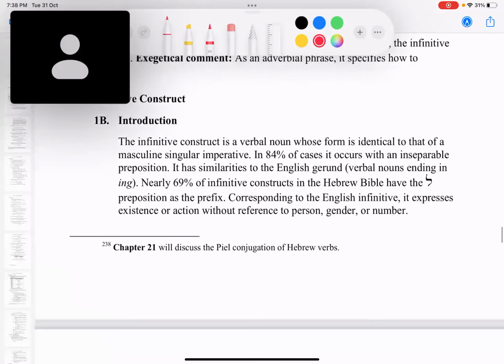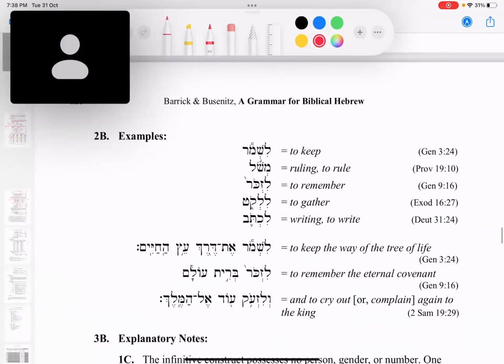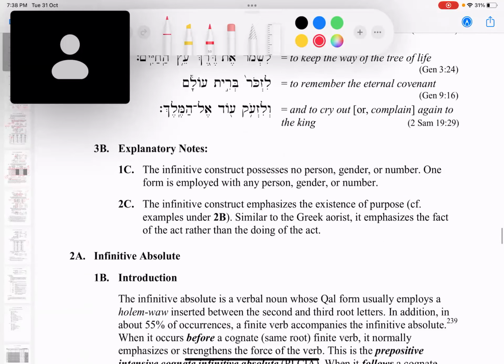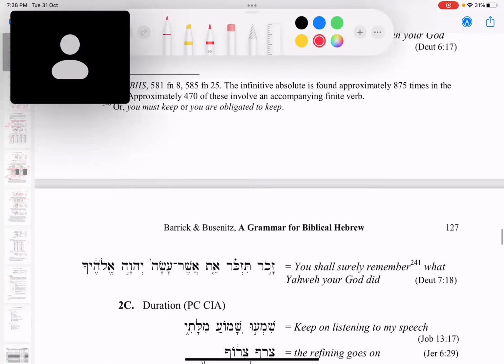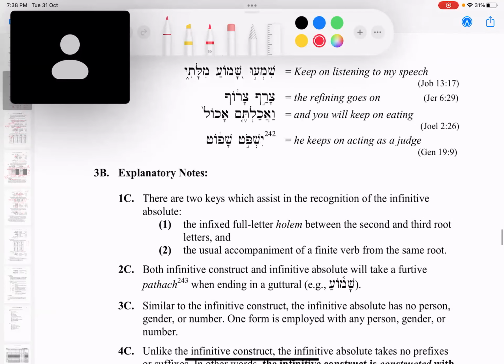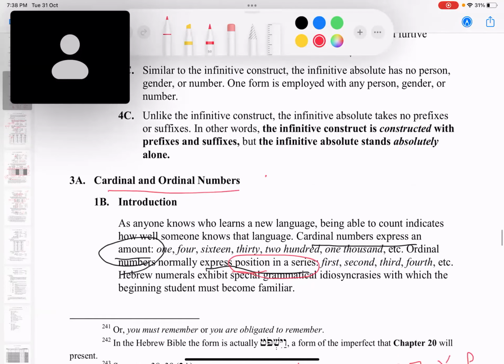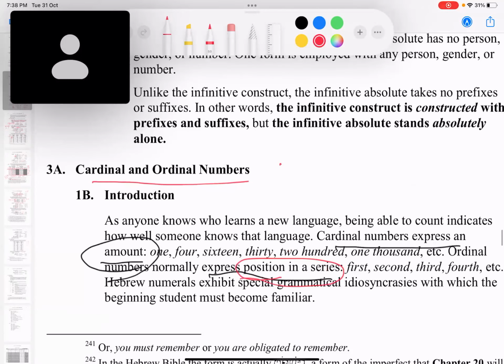So let us today look at what is infinitive construct, and then we are going to see infinitive absolute, and very important, how to give numbers in Hebrew, that is cardinal and ordinal numbers, which we are going to learn in detail.